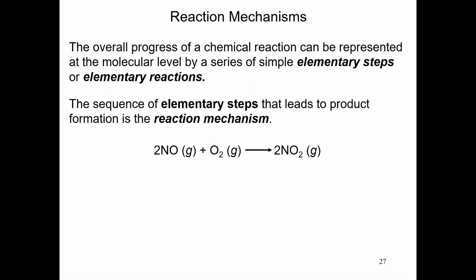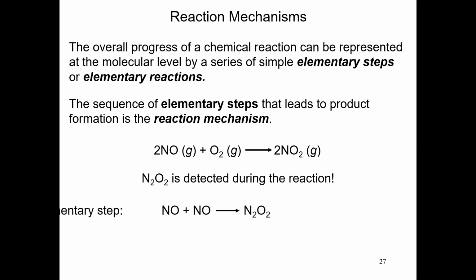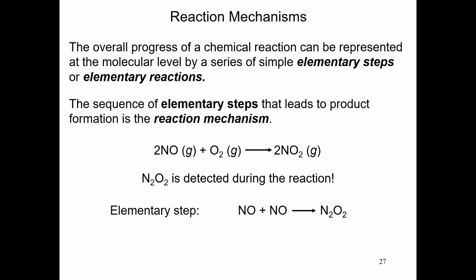Okay, let's give an example here with nitrogen oxide plus oxygen. N2O2 is detected during the reaction, so it must not go in just one step. First you start off with an elementary step, which forms the N2O2.